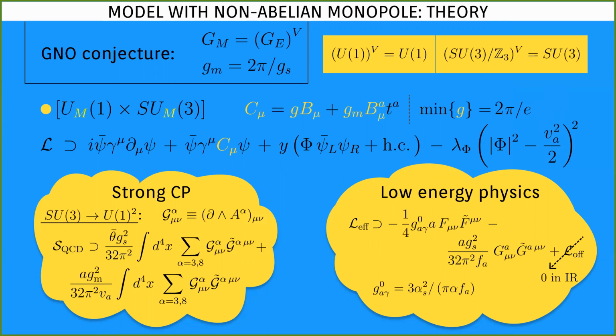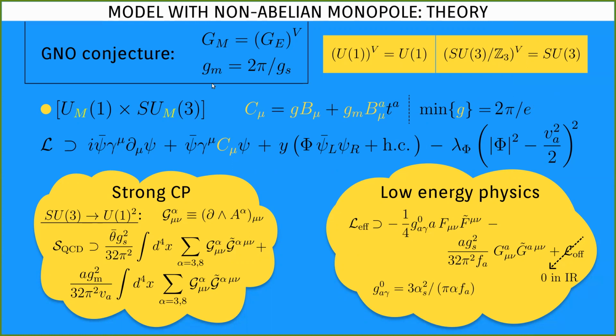It is known that not only Abelian groups can be magnetic, but also non-Abelian groups. In fact, we can preserve the minimal Dirac magnetic charge here in the standard model, if we assume that the monopoles carry also the color magnetic charge. So what does it mean, the color magnetic charge?